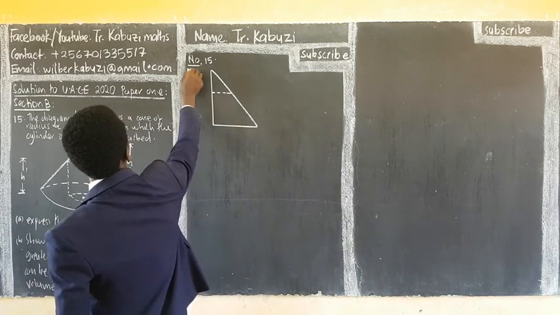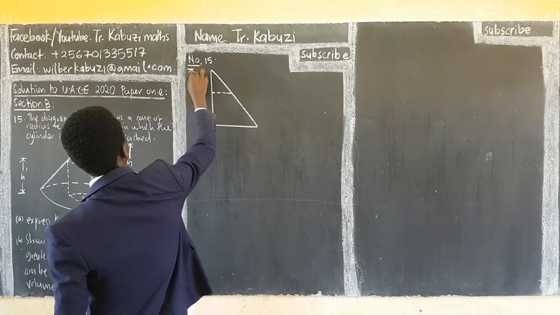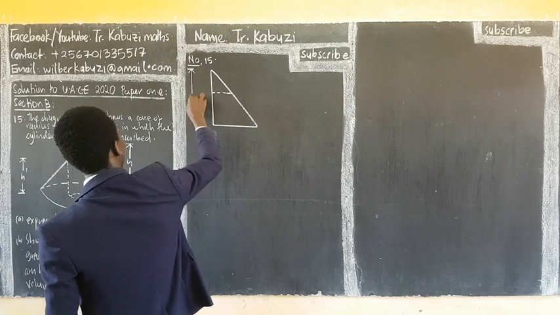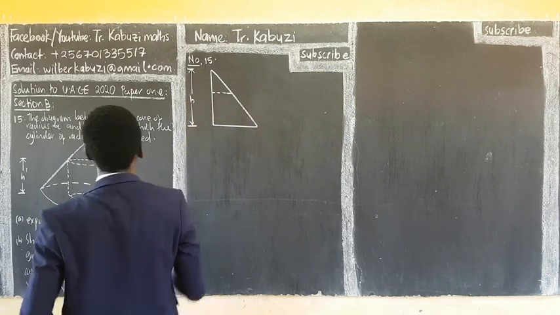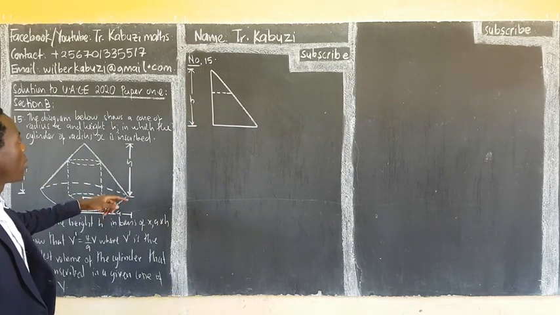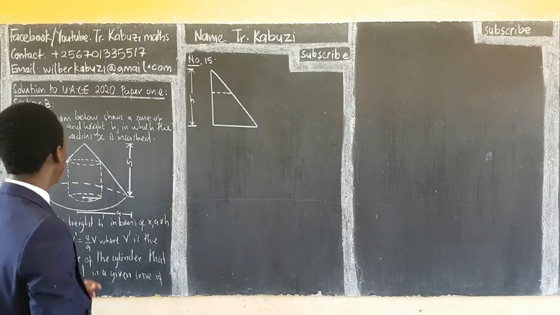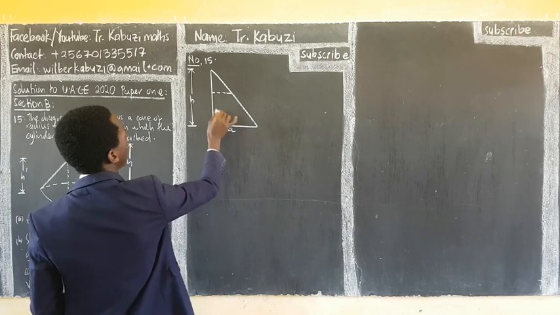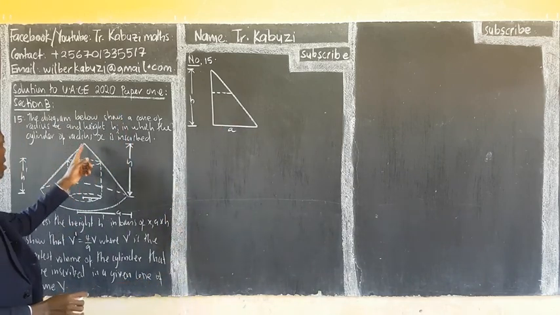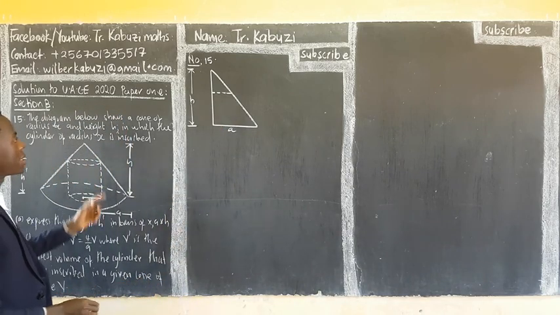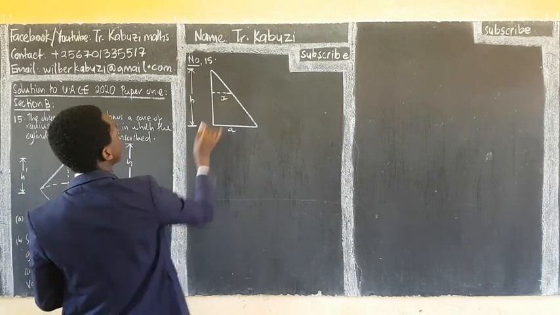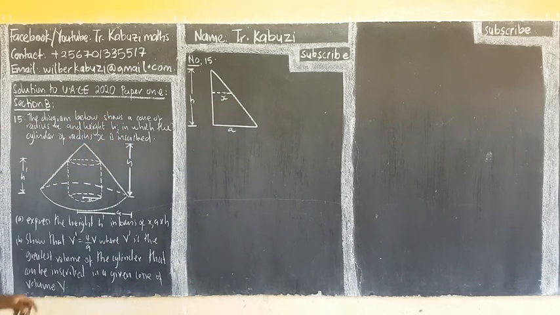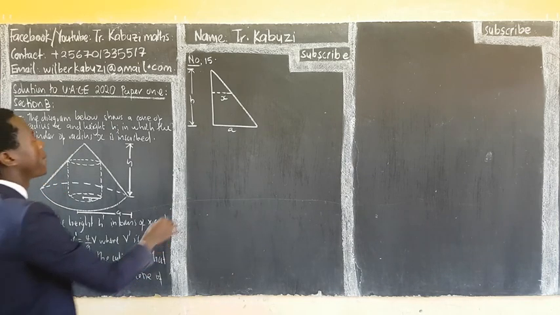Now, the height of this cone from there up to here is going to be h. Now, from here up to here is the radius, which is a. So here we have a. And then from the middle up to this side, we have our x like that. Now, from here up to where the level of the cylinder is, h prime.